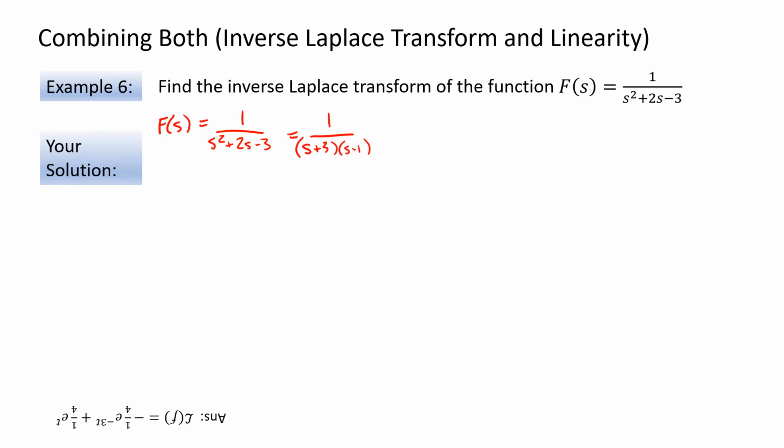But remember, we can separate them by saying it's equal to a divided by the first term, s plus 3, plus b divided by the second term, which is s minus 1. So remember, in partial fractions, we have to now solve for a and b. And we start by multiplying both sides by both factors.